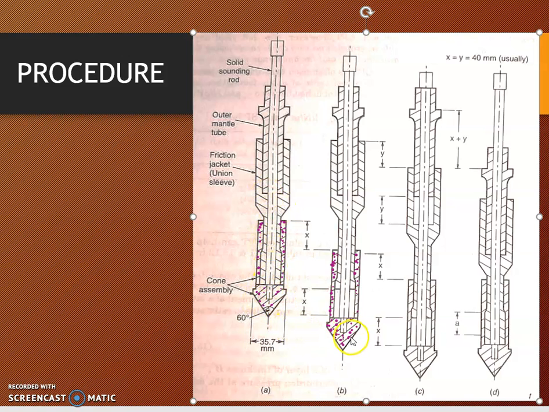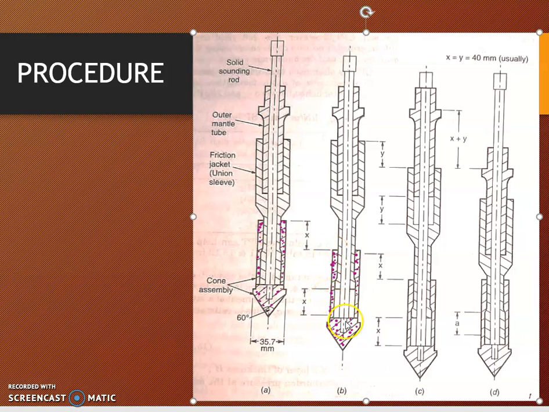Now position 2, that is figure B, is where you actually start to drive. I am just reading out from your textbook whatever happens from this position B. In this second position, the cone will be pushed into the soil deposit by the inner solid sounding rod to a depth X. So you can see only this has moved down; it was earlier here, now it has gone down to this position. So it has moved down by X into the soil deposit.